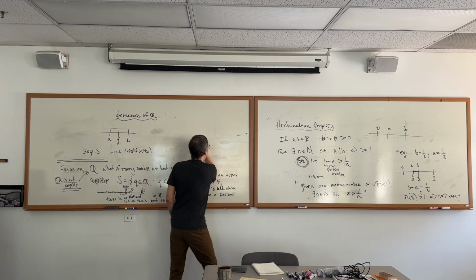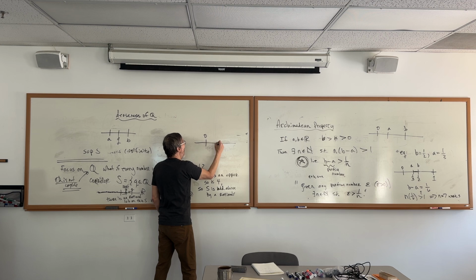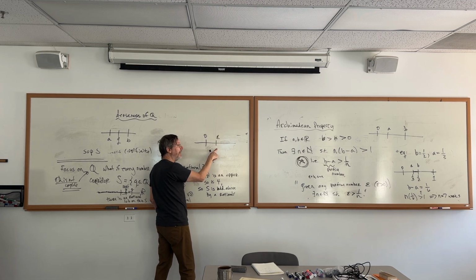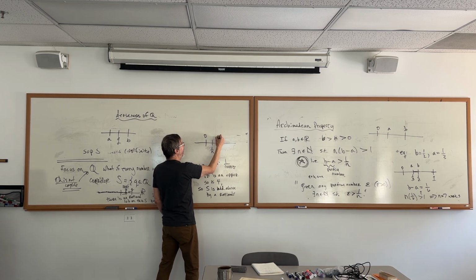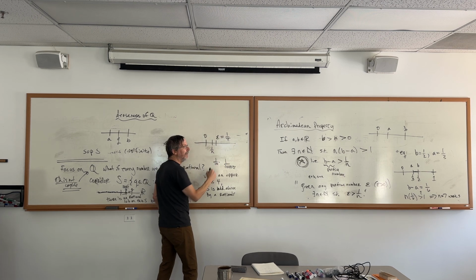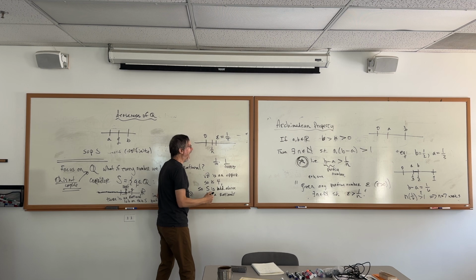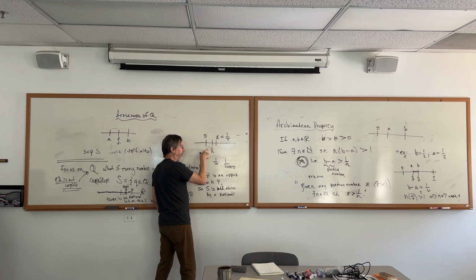This is saying no matter how small a positive number you give me, I can find a 1 over n that lies to the left of it. So if I said epsilon is 1 over pi, that's horrible, but I can find a nice 1 over n that's less than it.